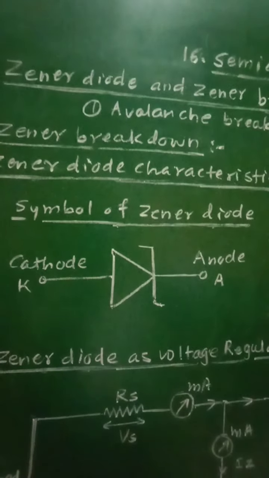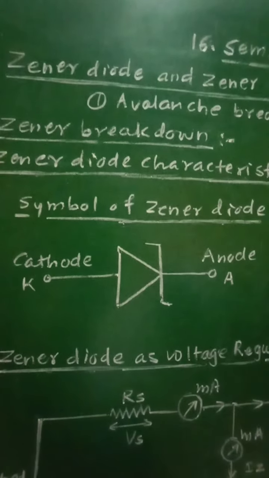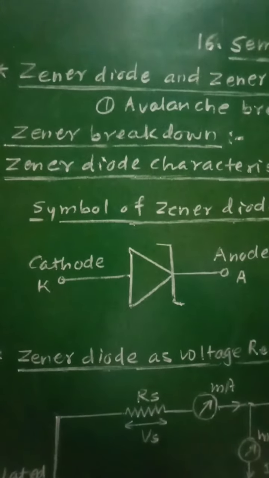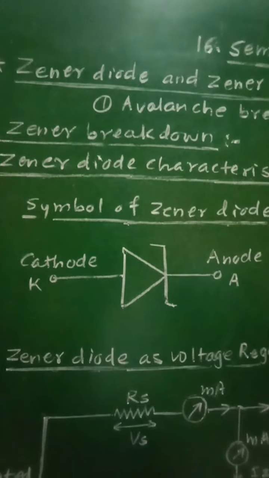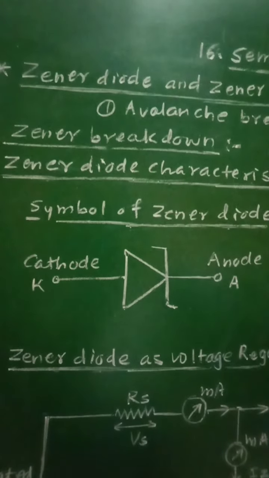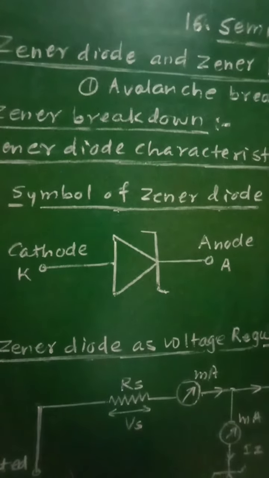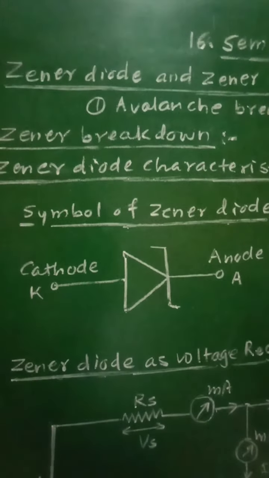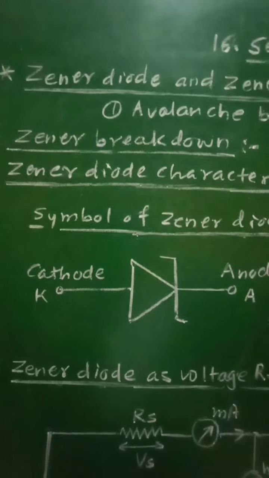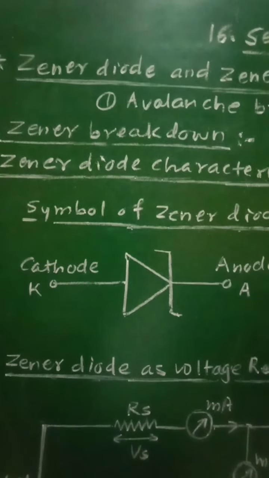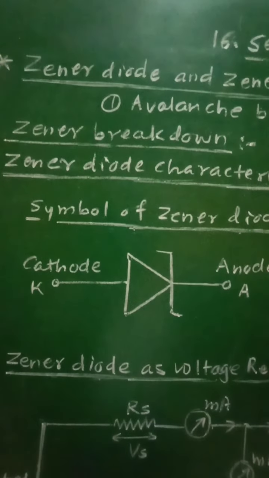When the applied voltage is increased, the electric field across the junction increases, and more electrons are removed from the covalent bonds. So more and more electrons will be removed from the covalent bonds as the applied voltage is increased. Therefore, the net current developed will increase rapidly with increase in applied voltage.